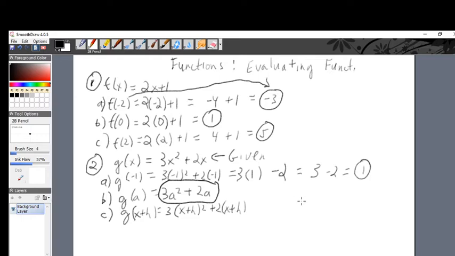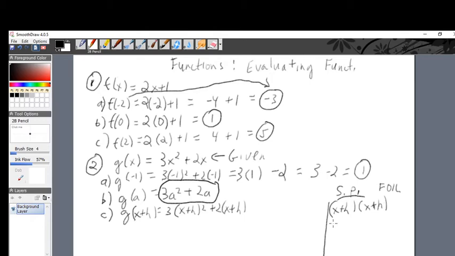All right, let's go off to scrap paper. Let's figure out what is x plus h squared. X plus h squared is x plus h times x plus h, and we go back to our usual FOIL.